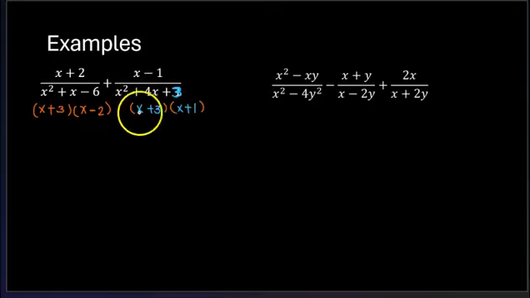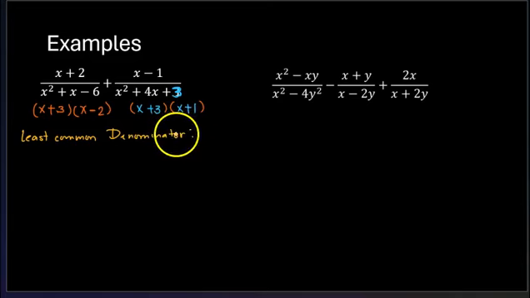Now, why did I use a different color? Because we have to look for the common, what we call the least common denominator. In algebra, we use LCD, not LCM, denominator. Okay, so how do we find the least common denominator? First, you have to look for the unique factors.